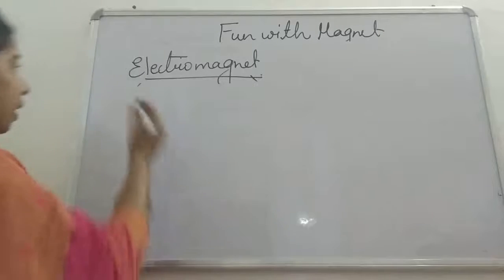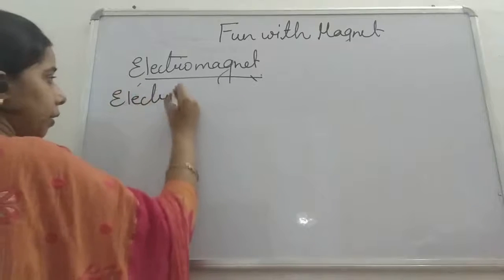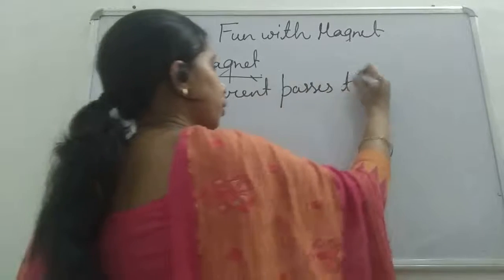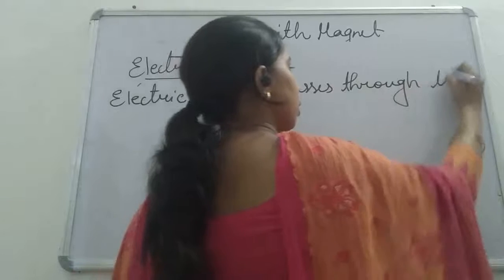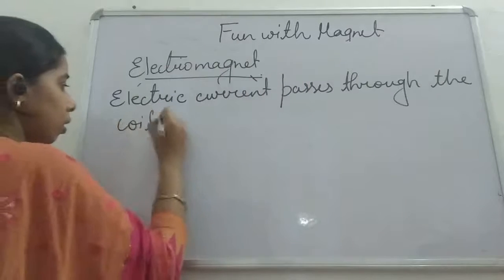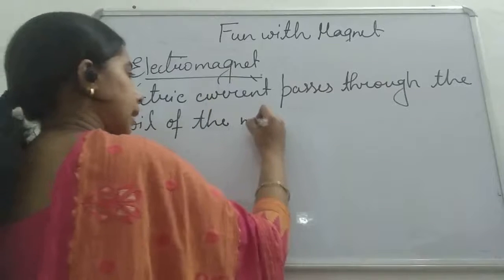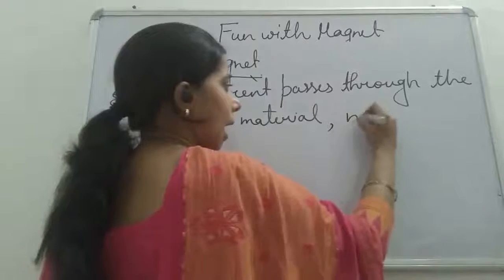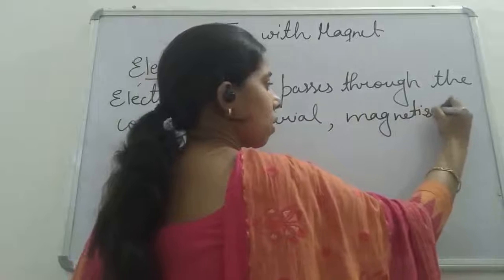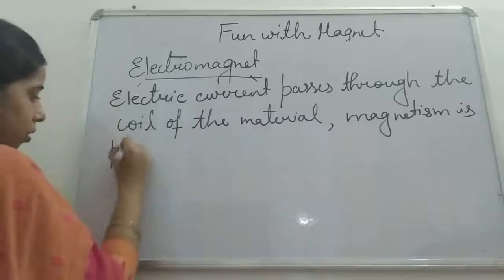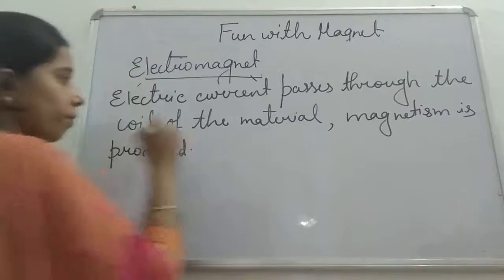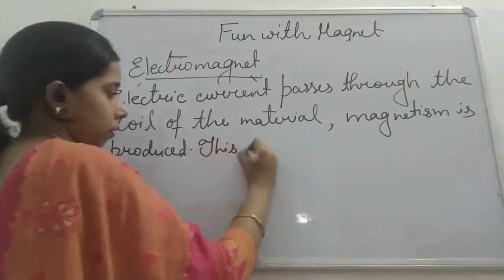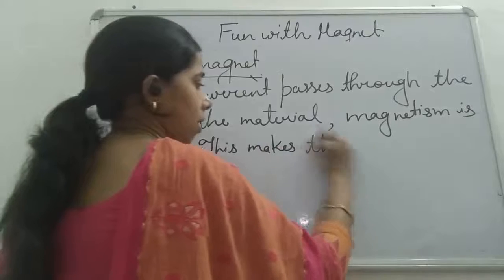So basically what happens is, when an electric current passes through the coil of the material or object, magnetism is produced. Okay, so this makes the electromagnet.